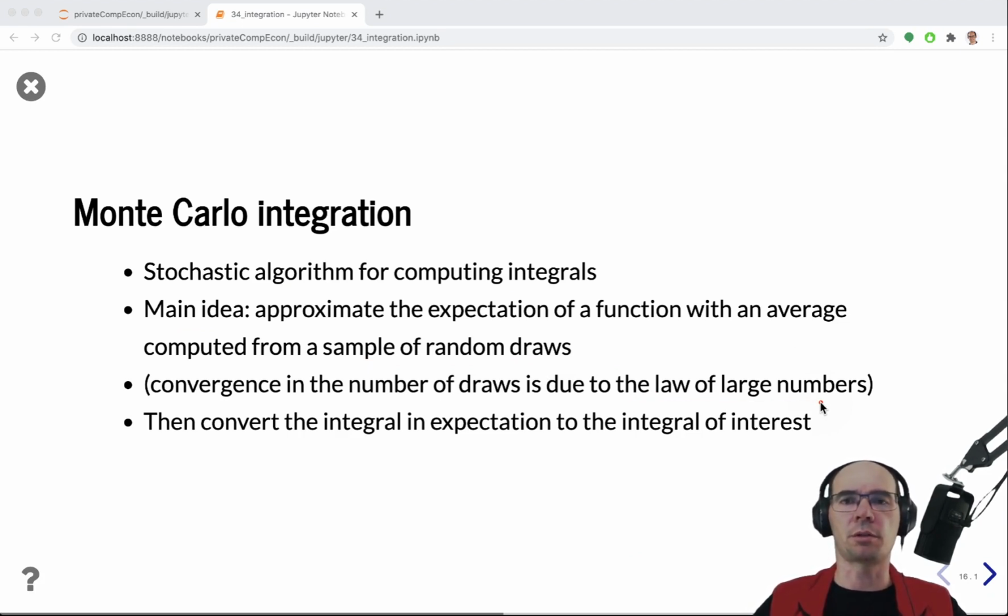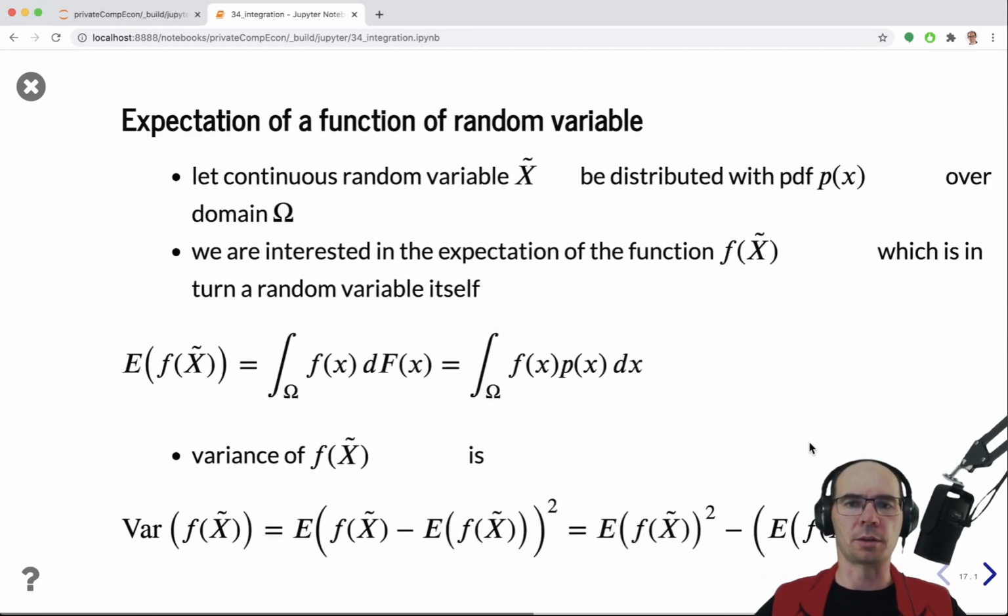And then because the theoretical average is an integral, we can make that link. So we convert the integral in expectation to the integral that we are interested in. Let's see how it works.